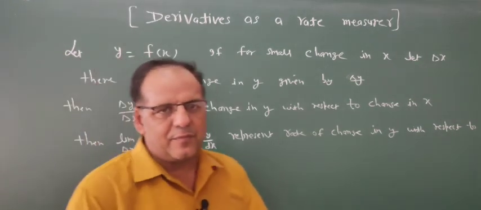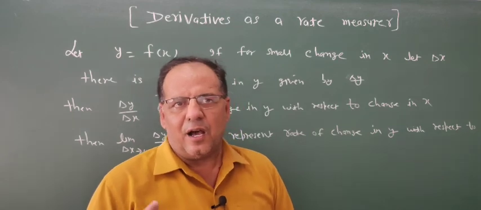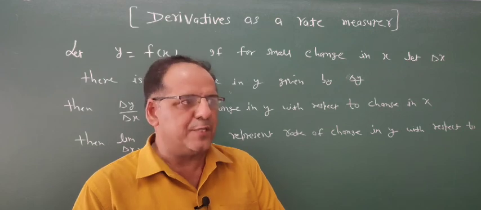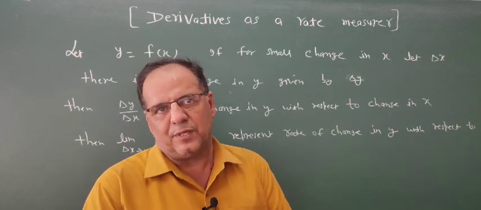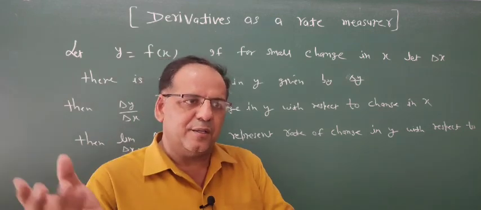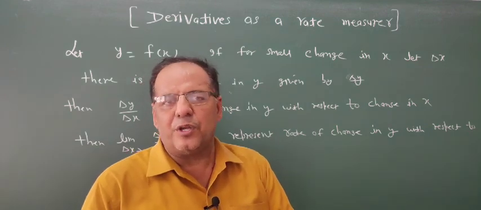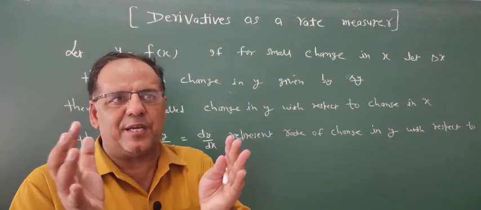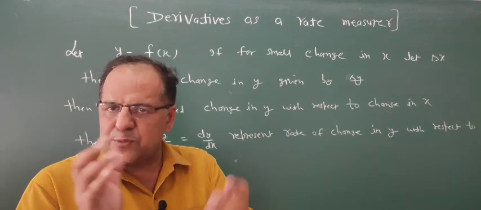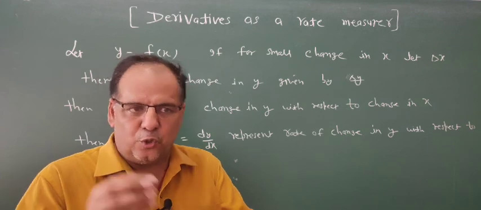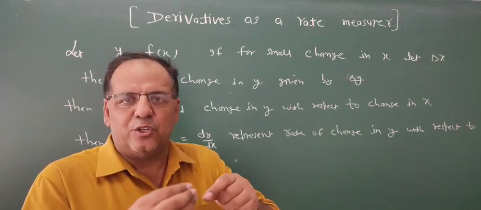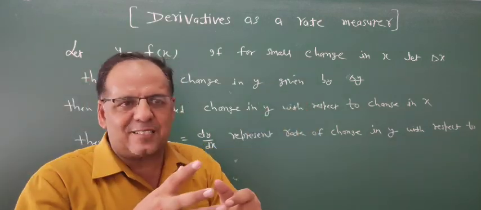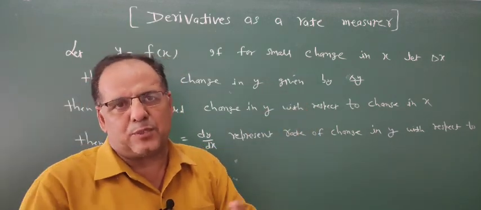Suppose a spherical balloon is given, and the air is going out from the sphere. Clearly the size of the sphere will become small. Since air is going outside, the radius becomes less, so the size of the sphere becomes small.